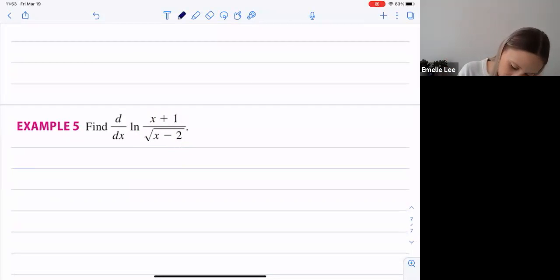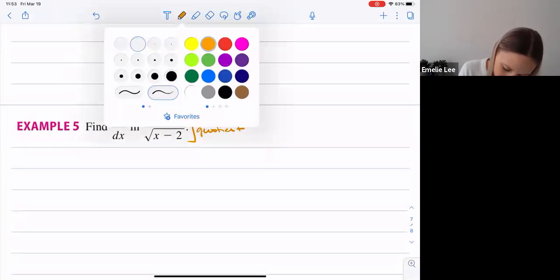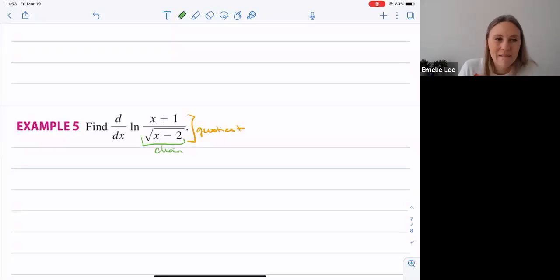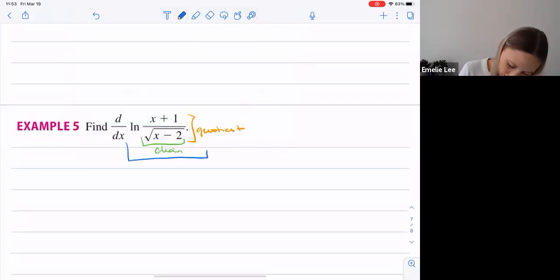So here we've got a quotient rule. Breaking down the quotient rule, I also have a chain rule inside the quotient rule. Okay, here we go. And then I have this ln on the outside, so that's another chain rule.